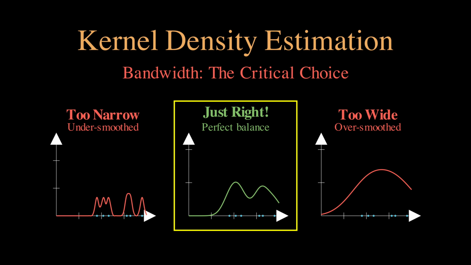Finding this optimal value is part rigorous mathematics and part experienced judgment, and statisticians have developed several computational techniques to help choose good bandwidth values, including cross-validation approaches and plug-in methods, though the final decision often involves visual inspection and domain expertise.